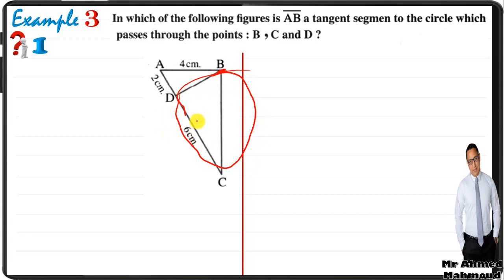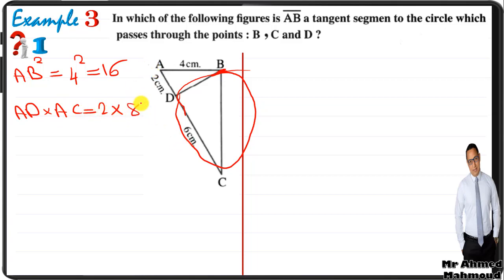The circle passes through B, C, and D. So for AB to be a tangent, I must calculate that AB power of 2 equals AD times AC. Again, AB power of 2 equals 4 power of 2 equals 16. And AD times AC equals 2 times 8, also equal to 16.